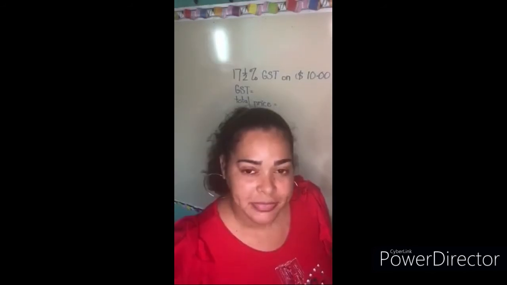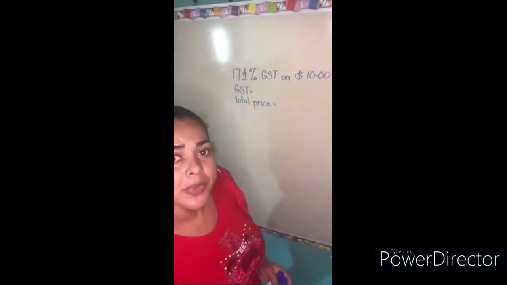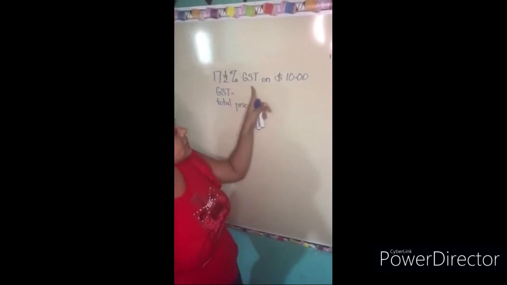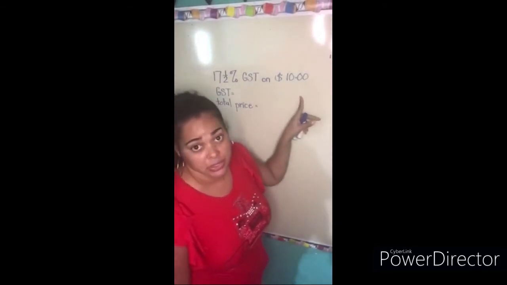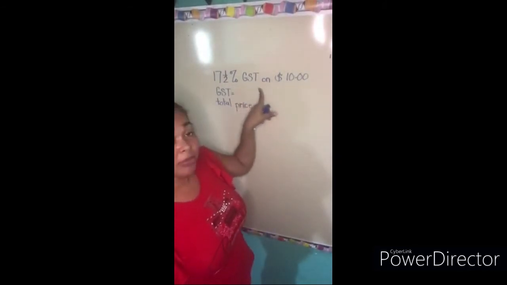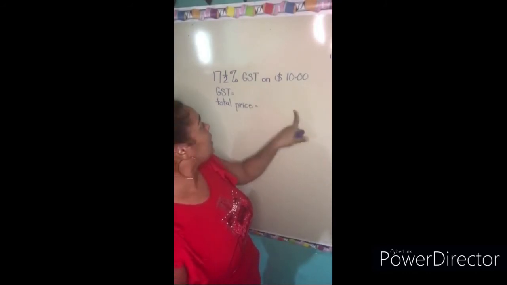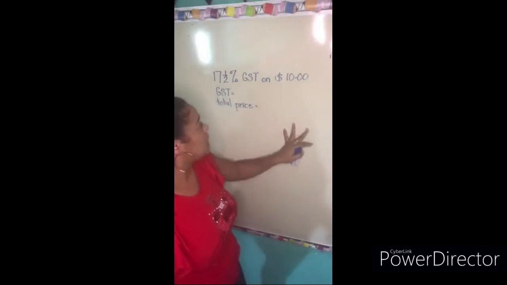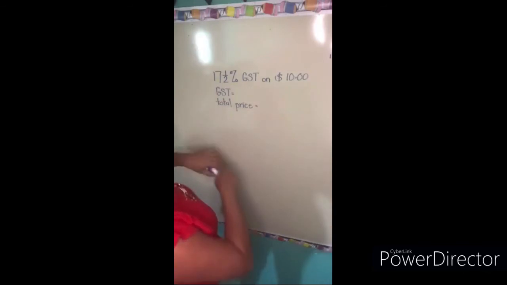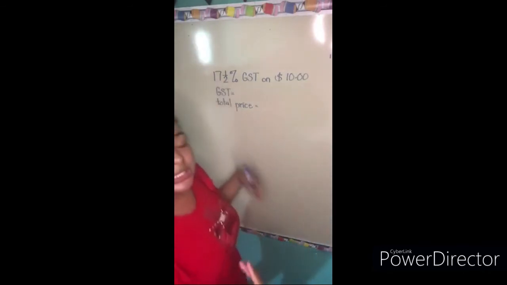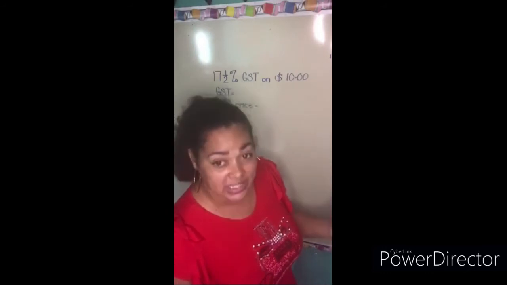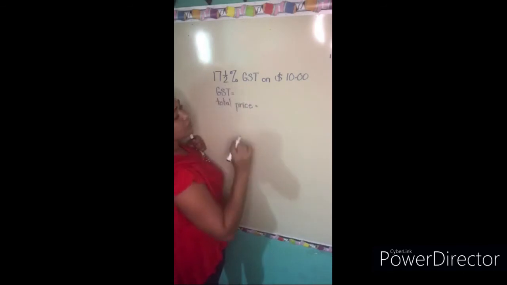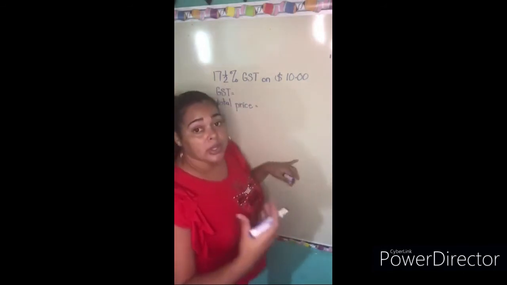All right? So here is another example. We want to have 17.5% GST on $10. Okay? We want to find out how much GST we're paying and how much the total cost of an item that costs $10 would end up being. Alright? So now, remember when we see a number like this, the easiest way to do it is change it into a decimal, right? Because we use decimal for money. Half as a decimal would be 0.5.